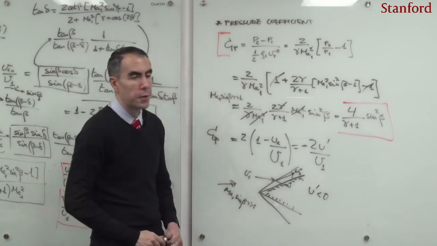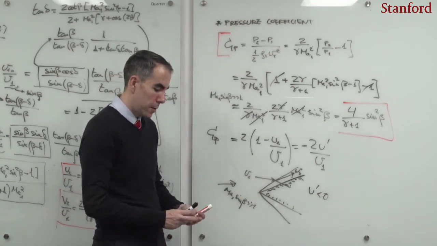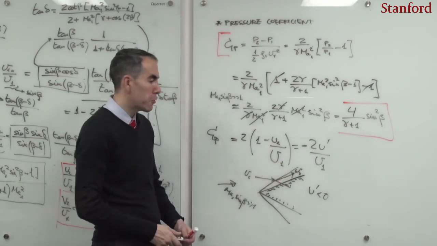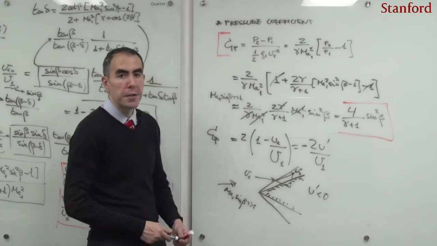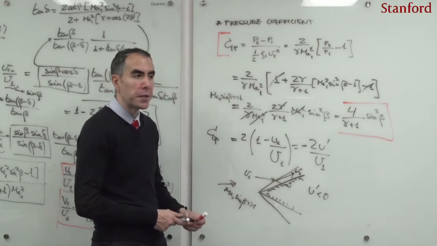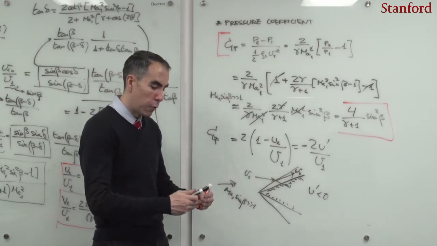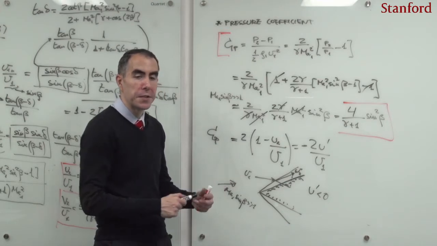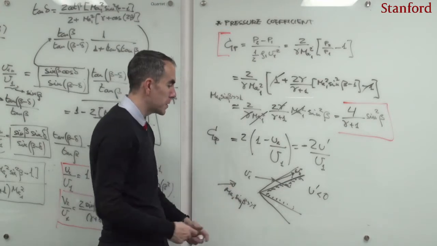So in other words, across the shock, even though the total momentum is conserved, in the horizontal direction there is a deficit of velocity as the flow crosses the shock. The horizontal component of the velocity is decreasing with respect to the pre-shock gases.